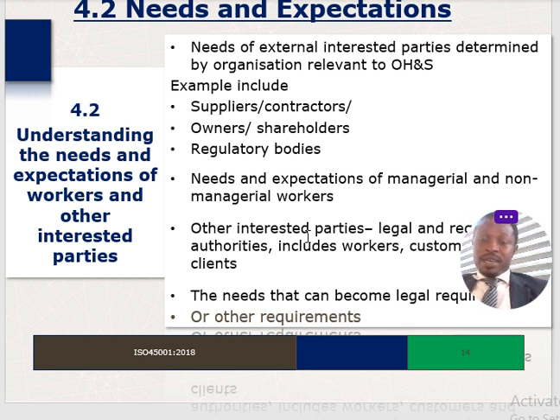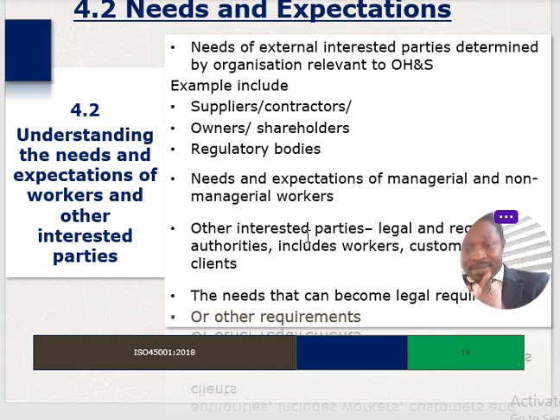NPA regulates all oil and gas downstream activities in Ghana. So when they place a legal requirement in the sector in which we work, we have to comply because it becomes a legal requirement. A company can also subscribe to other requirements by itself. Once you subscribe to them, you are required to abide by them.